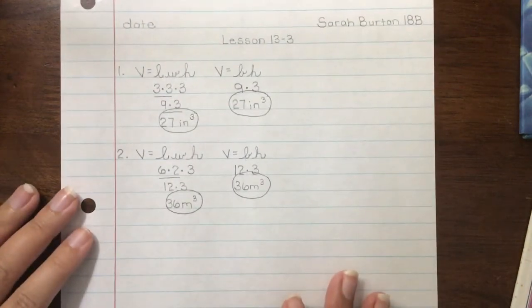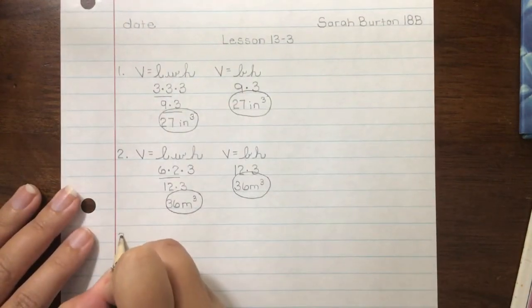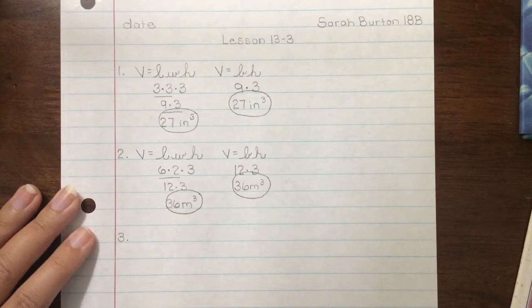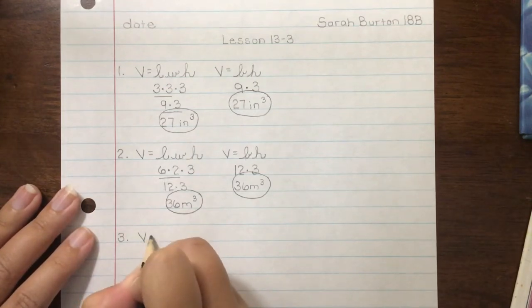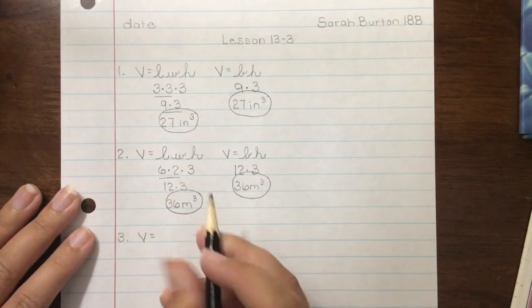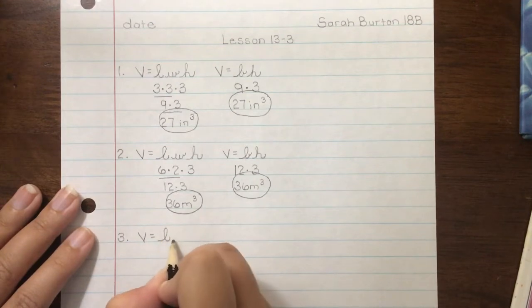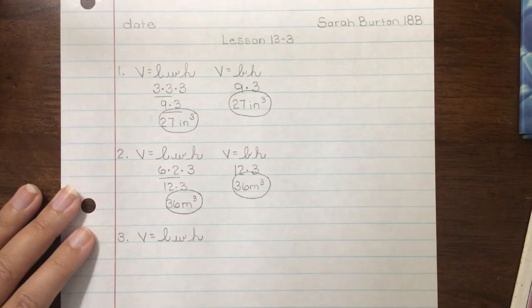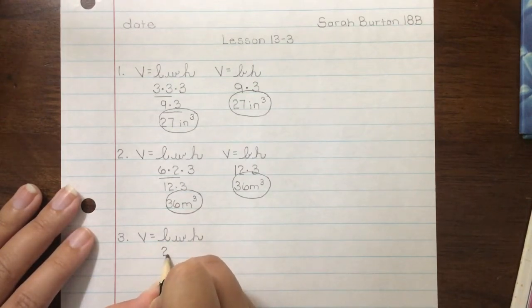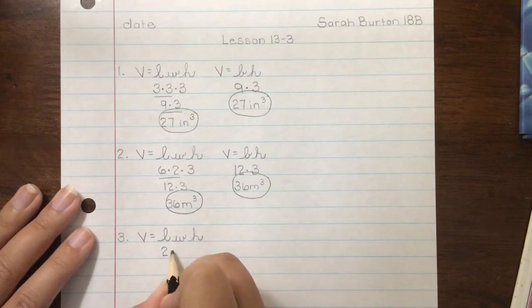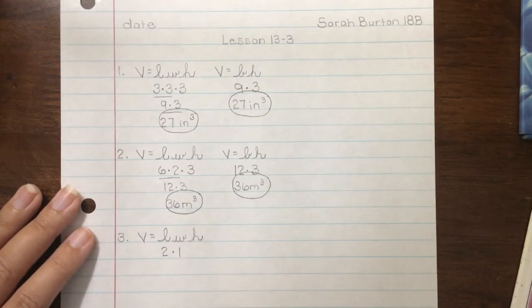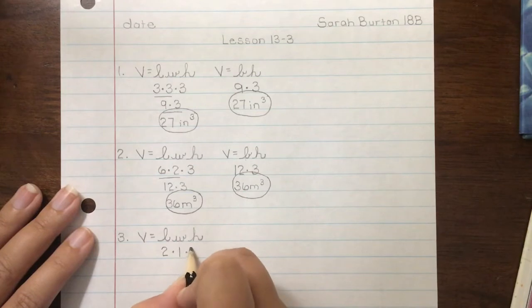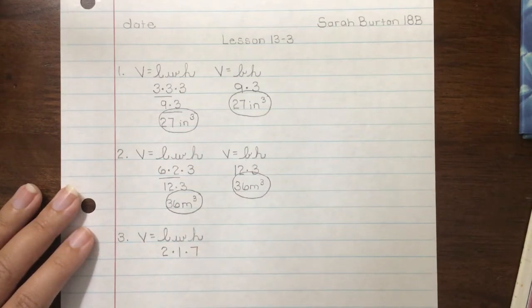By now on your paper, I hope you have already written the 2 formulas for volume. The first one shows each individual step. The length times the width times the height. In this instance, it was 2 centimeters long times 1 centimeter wide times 7 centimeters tall.